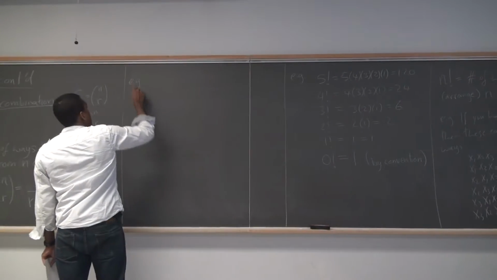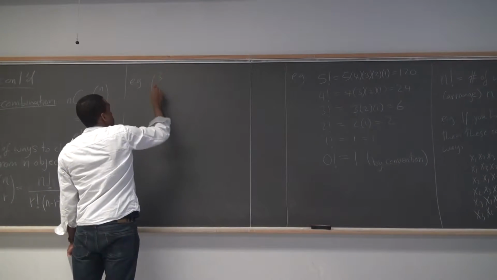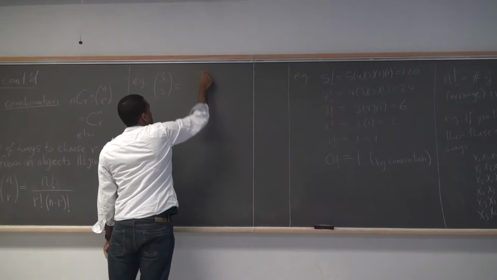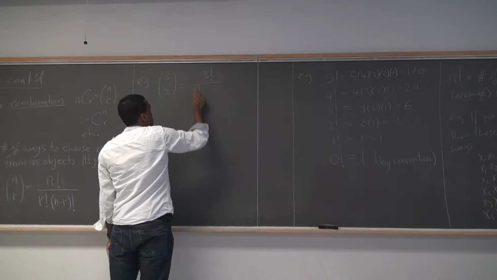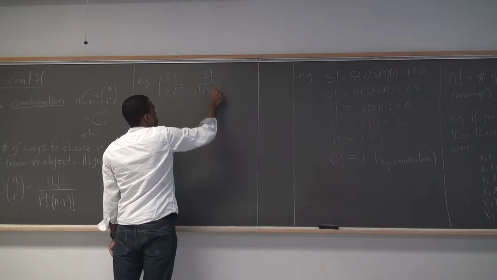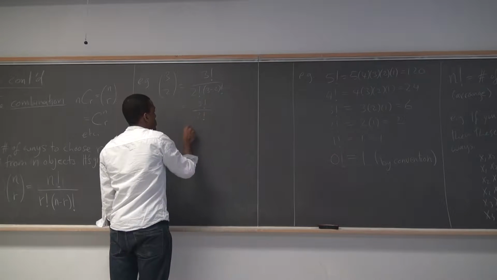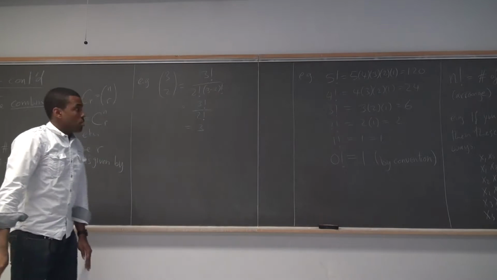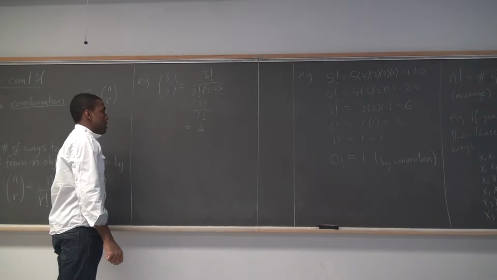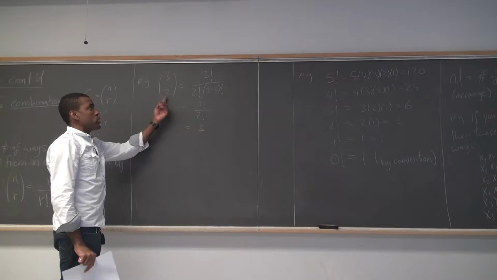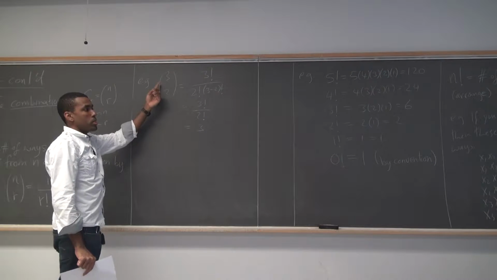For example, if I say 3 choose 2, that's the same as 3 factorial divided by 2 factorial times (3 minus 2) factorial, or it's just 3 factorial over 2 factorial, which is just 3. Okay. And that's basically the number of ways you can pick 2 objects from a list of 3 objects. Right?